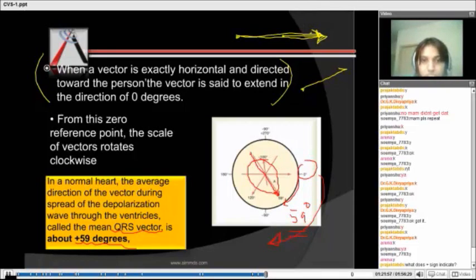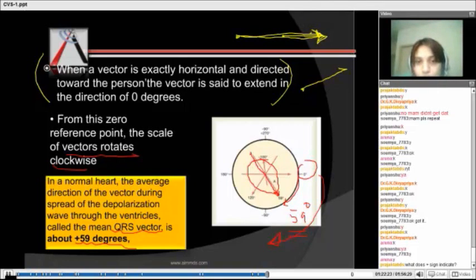I think you're right, Prajakta. There is a clockwise reference scale: the vector rotates clockwise from the 0 degrees, and that gives you the plus 59 degree sign.